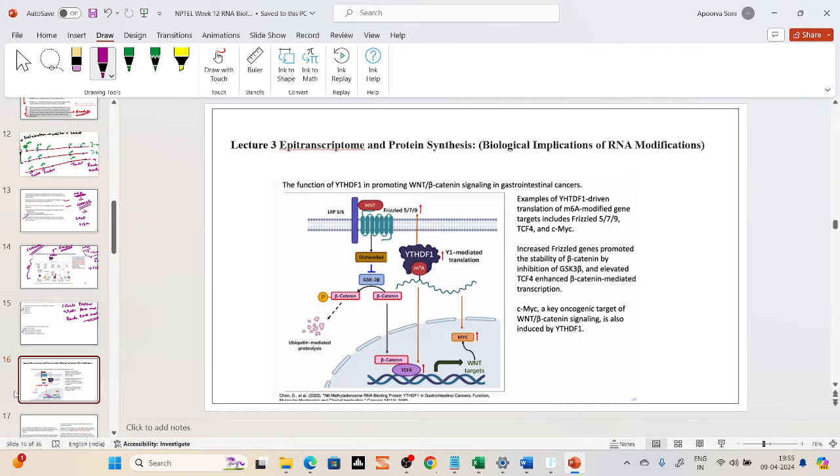Now we have read that this is the kind of RNA modification that happens on RNA, that is methylation of the adenosine. And this biological implication is mediated by a writer, reader, or eraser.